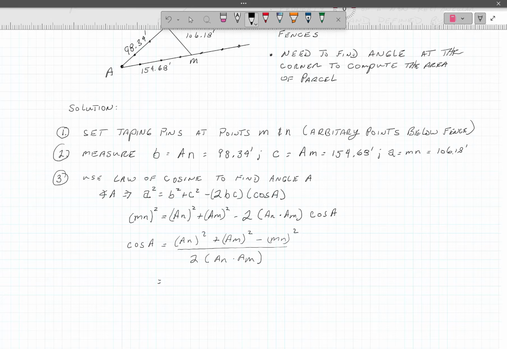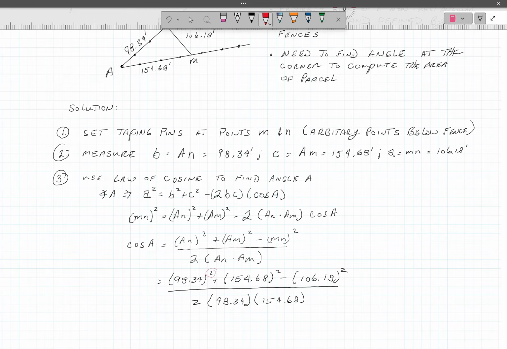So A N: 98.34 squared plus 154.68 squared minus the 106.18 squared, all divided by 2 times A N, which is 98.34, and A M, which is 154.68.